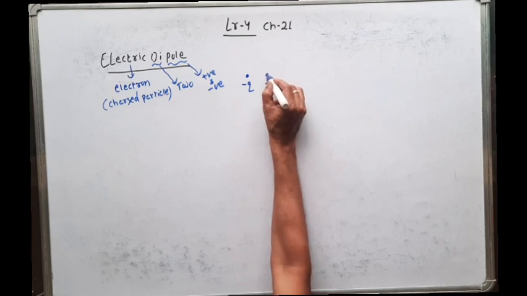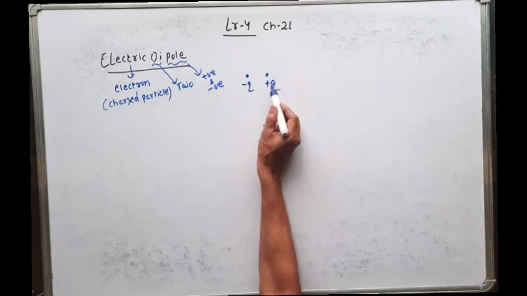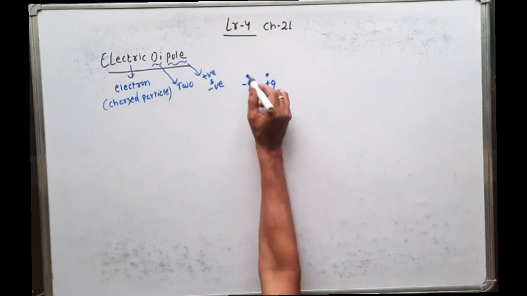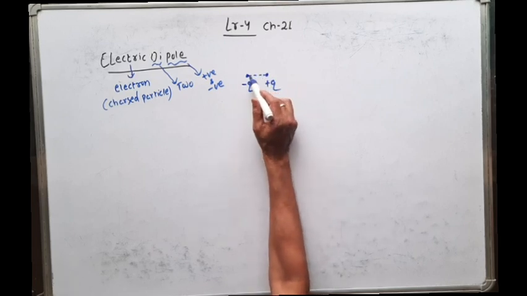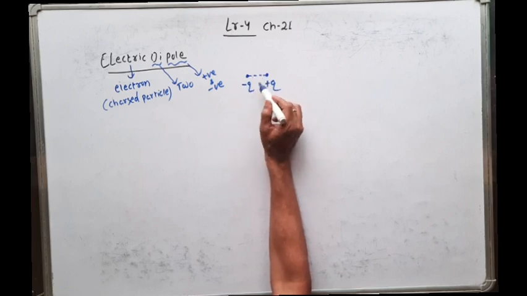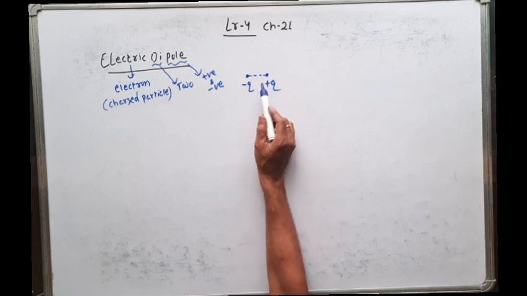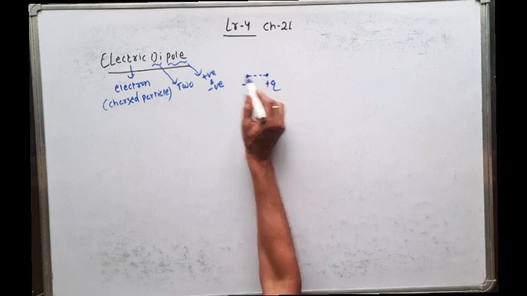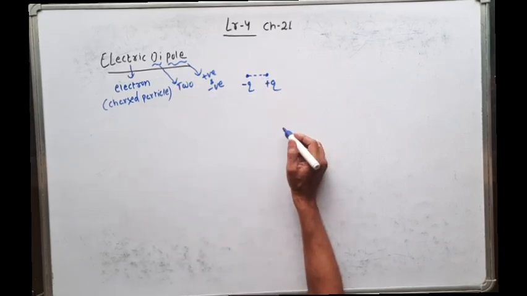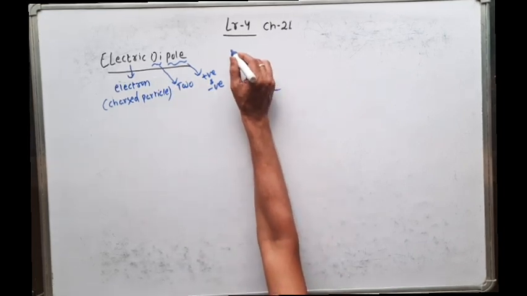These two charges are of equal magnitude and opposite sign and separated by a very small distance. It is drawn bigger, but actually the distance between these two charges is very small, and these two equal and opposite charges separated by a small distance form an electric dipole. Clear? So you can write the definition.